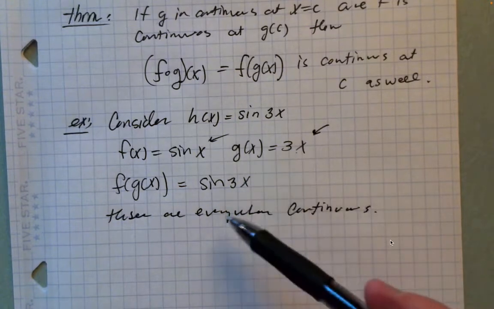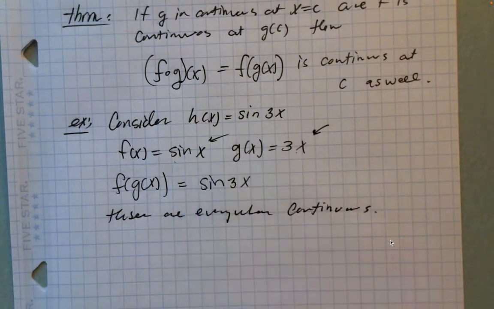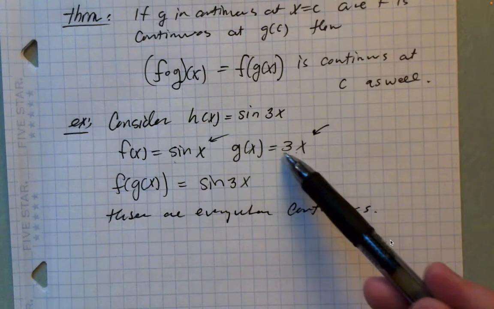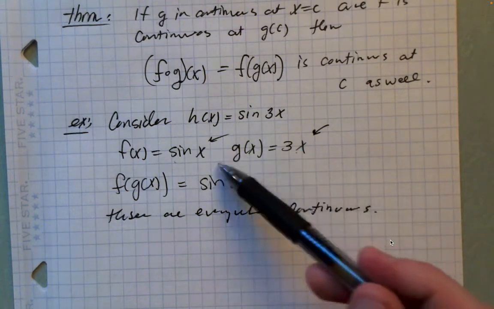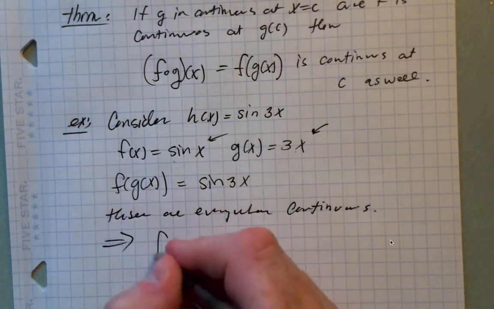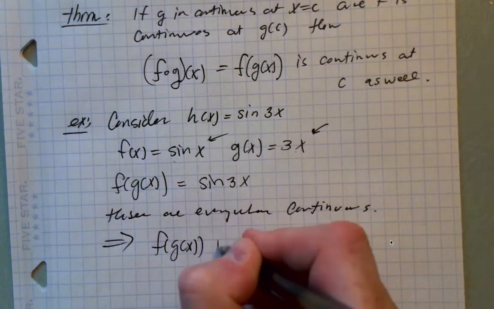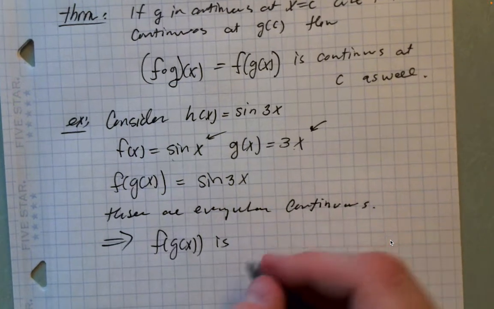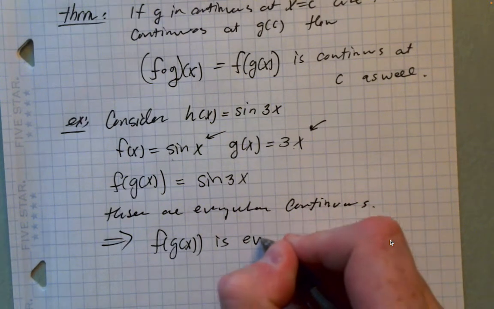And so clearly sine of x would be continuous at whatever 3 times c is, right? Or g of c, 3 times c. And so that implies the composition of these two is everywhere continuous.